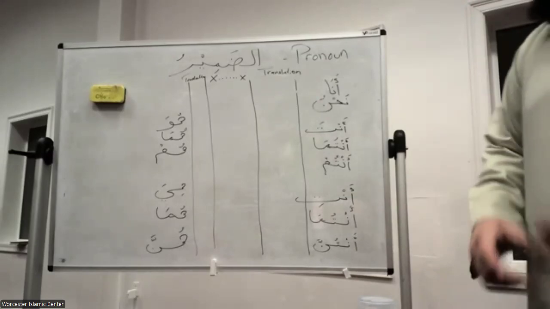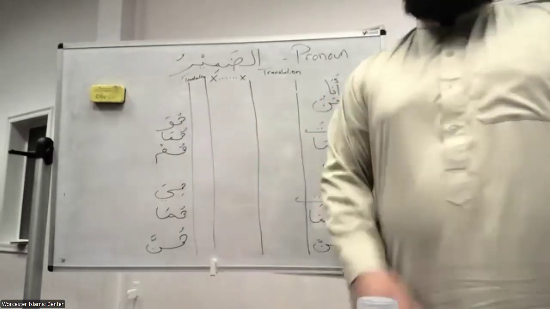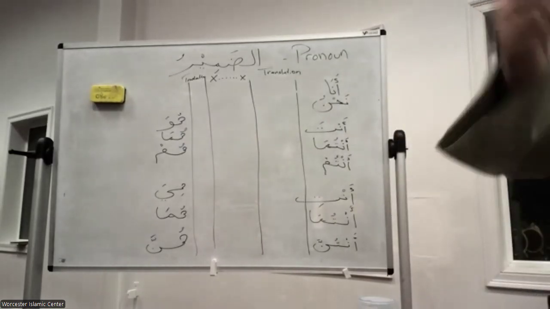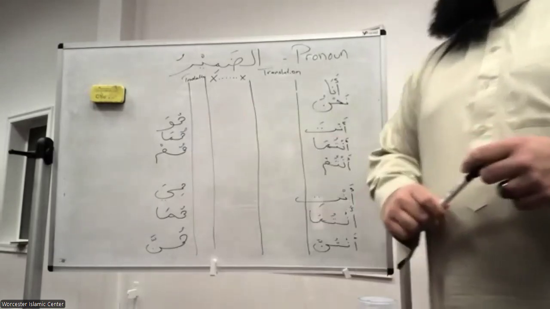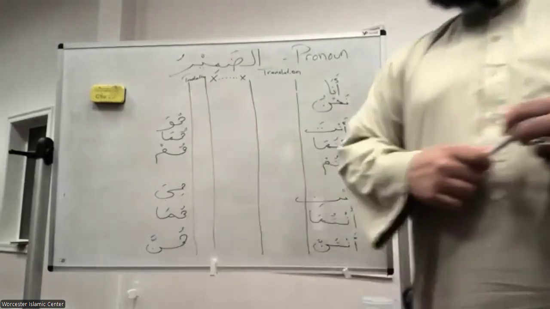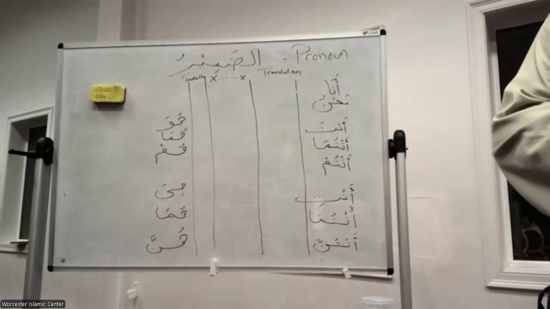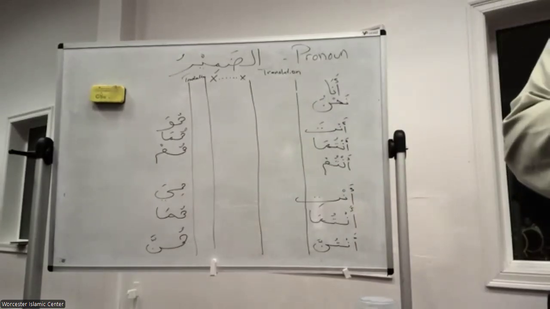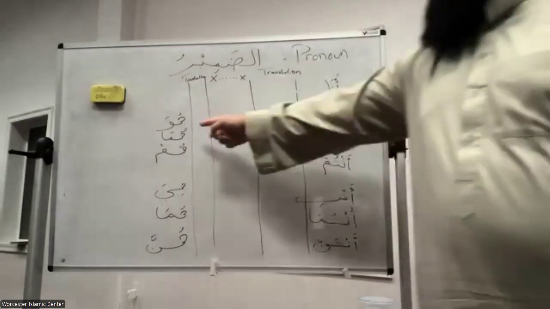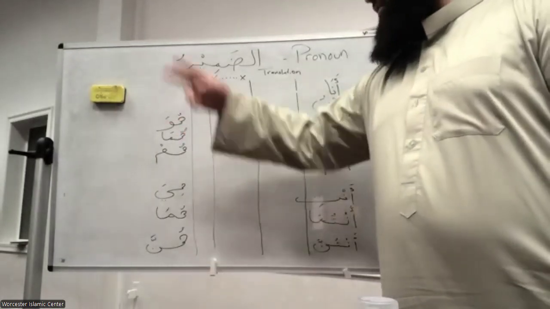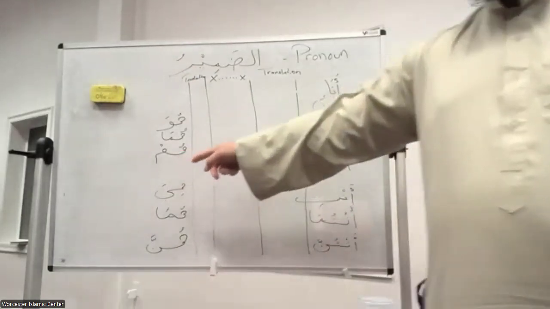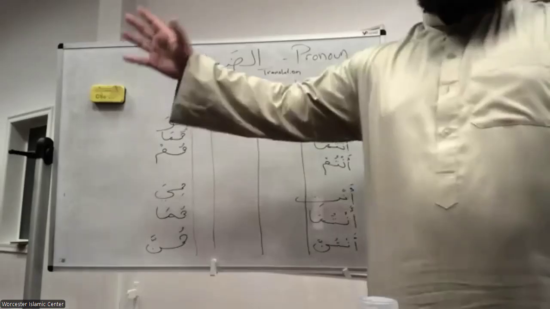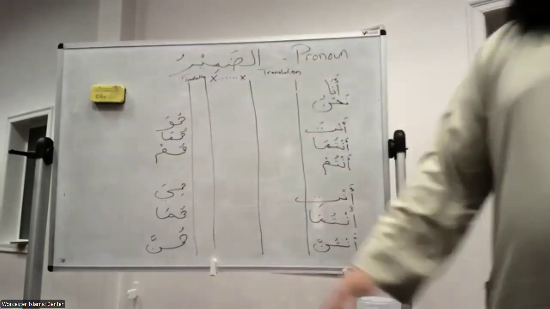Over here, huwa. We've already gone over huwa. What does huwa mean? He. Good. Huma, what does huma mean? They, for 2. Dual. So both of them. Hum, therefore, is all of them, them collectively, 3 or more.